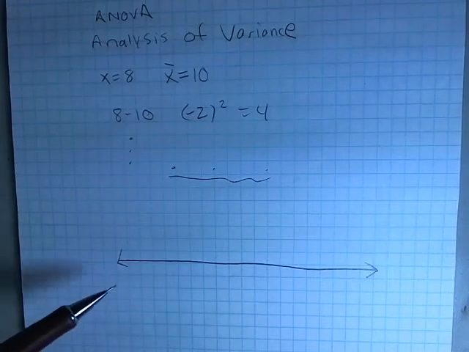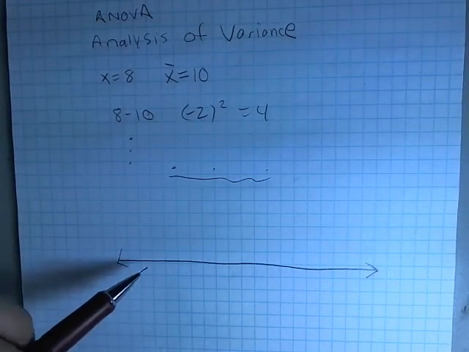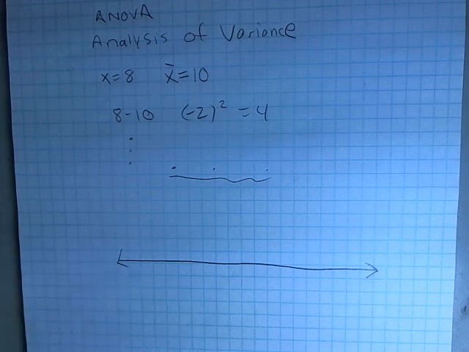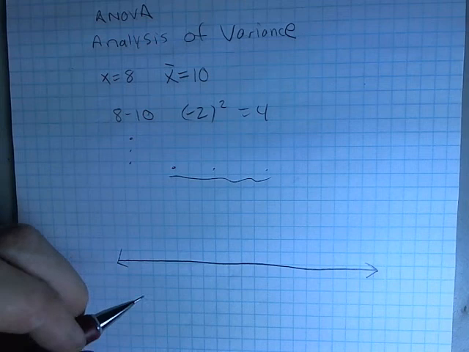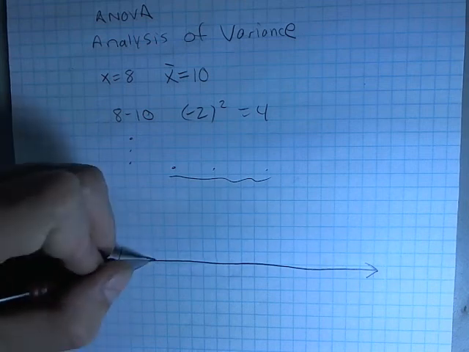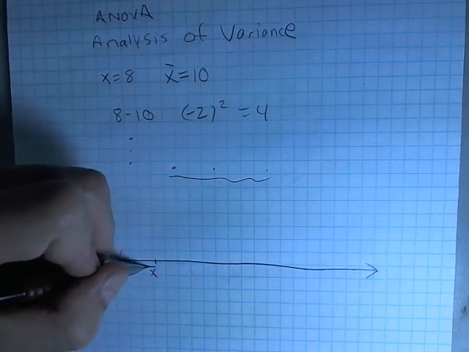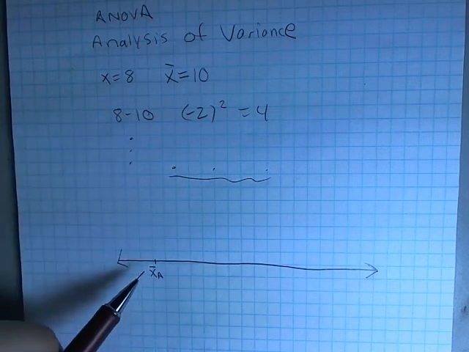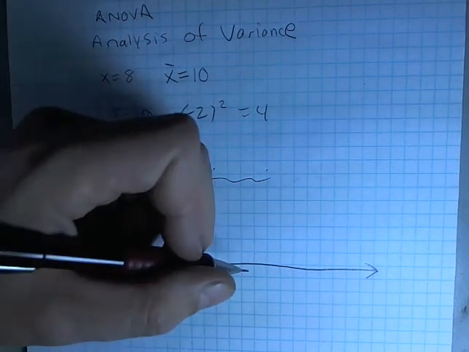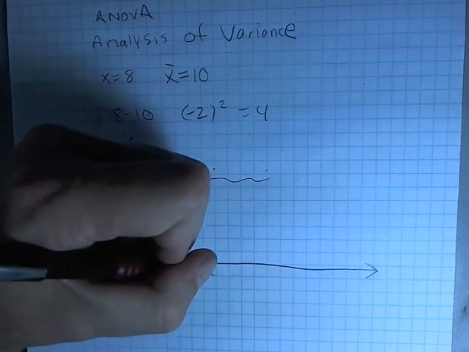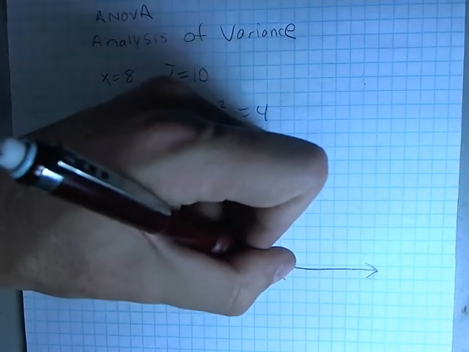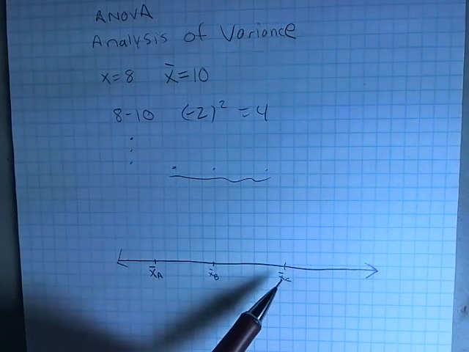So let's say we have three samples. It could be the number of sales for three separate salesmen over a week. Sample A has a certain mean, and let's plot that right here on our number line. Sample B, let's say, would fall right about here, and sample C has a sample mean at this point in the number line.